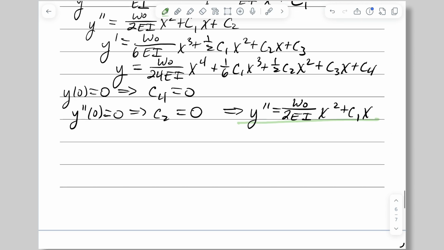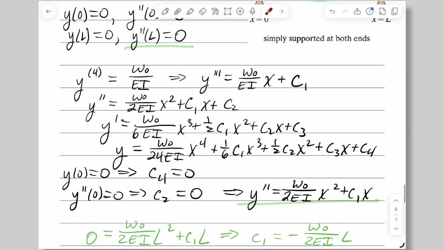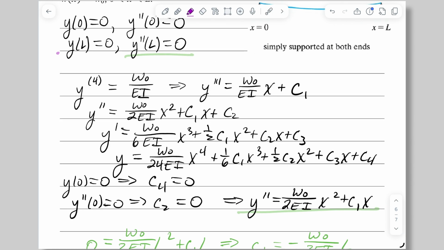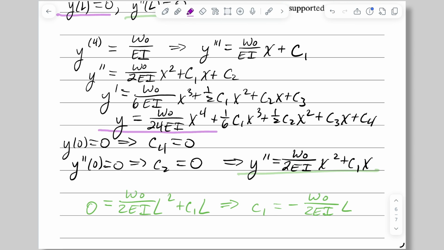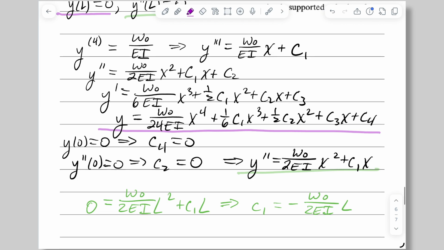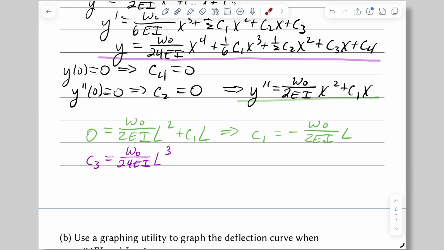Thus, putting L in place of x gives us 0 equals W naught over 2EI L squared plus C1L, giving us C1 equals negative W naught over 2EI L. And then I will leave it to you to use the boundary condition y of L equals 0 and the equation for y with the information that we have, which gives us that C3 is equal to W naught over 24EI times L cubed.